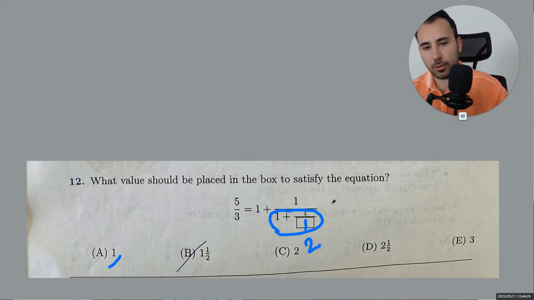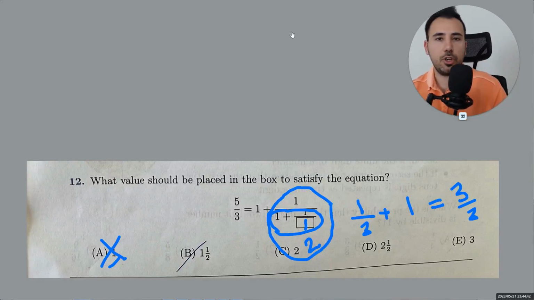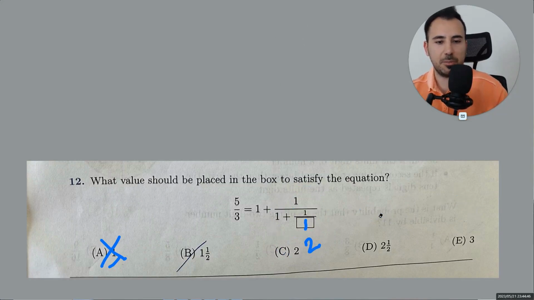Okay, 1, all of this would be 1 over 2. 1 over 2 plus 1 will be 3 over 2. So is that this one? So go like this and eliminate the options. It would be so much easier. That's what I would recommend.